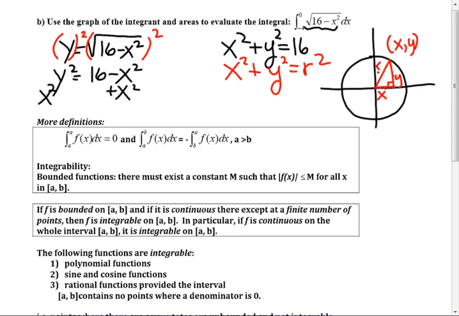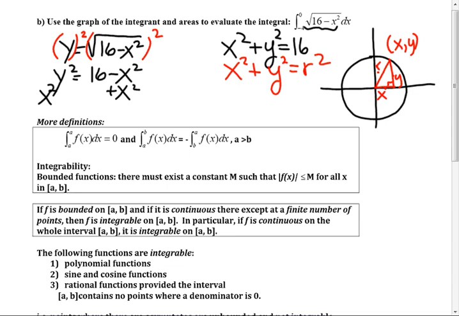Okay, now we got to be careful with this drawing because I want to integrate the square root of 16 minus x squared. Is that the whole circle? It's only part of it. This is the top half of the circle. When you square this, if I had a negative here, it would go away as well.